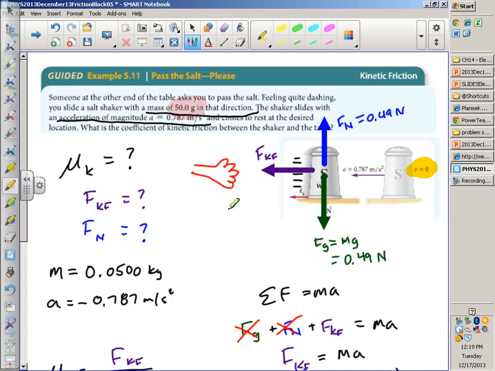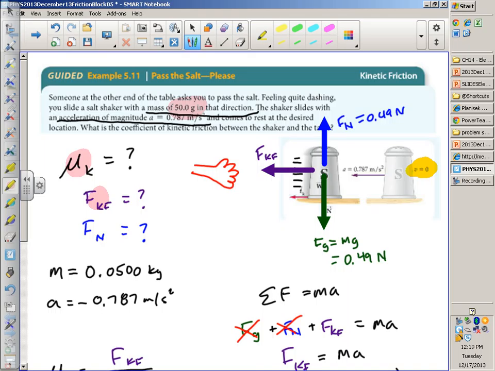That's the difference between the coefficient of friction and the force of friction. They're two different ideas. The coefficient relates to surfaces that are involved. The force relates to the actual object we're talking about in a given situation. Okay? So keep that in mind, that the coefficient doesn't depend on what actual object we're talking about.